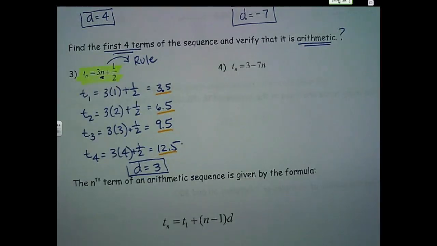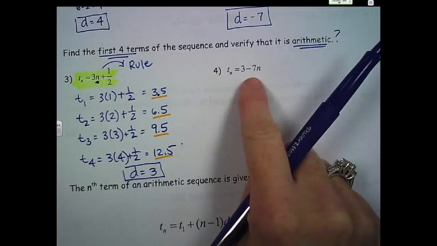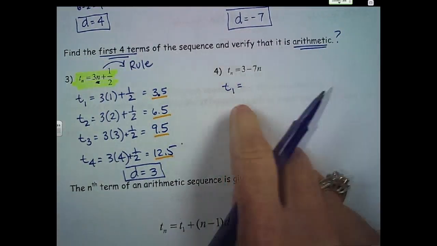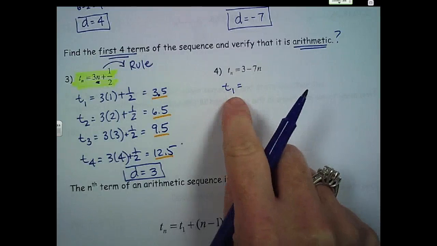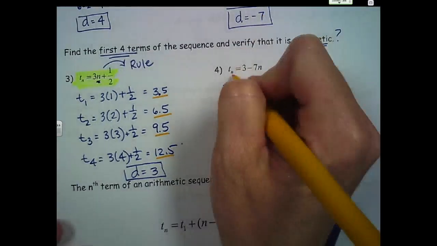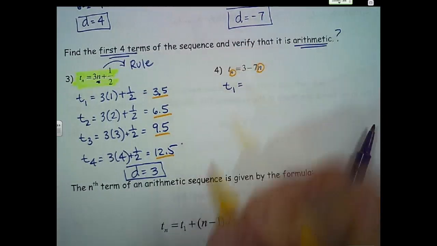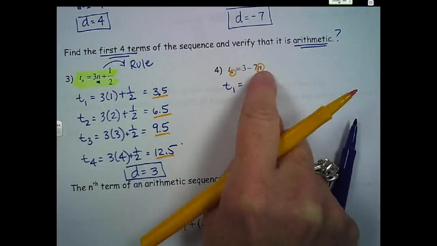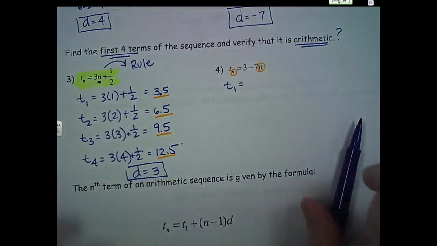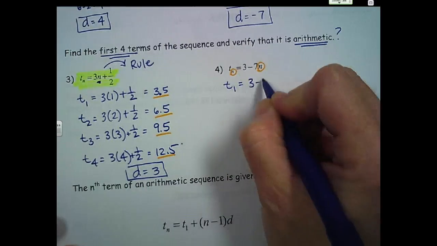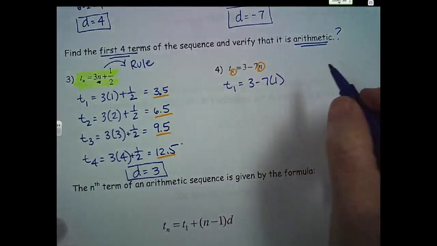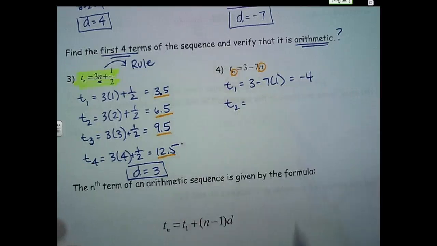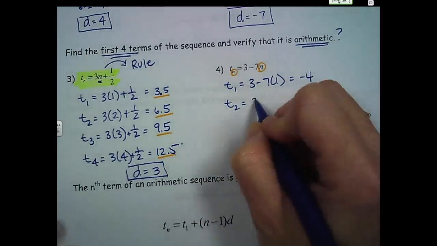All right, the next one, let's try it. It says find the first 4 terms. So we're going to find t sub 1 first. In other words, t sub 1, notice that there is an n here and here. They're the same thing. If you're finding t sub 1, the first term, you're going to plug in 1 for n. So this becomes 3 minus 7 times 1. Negative 4. Now let's find the second term. You plug 2 in.